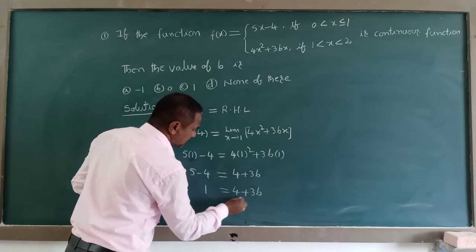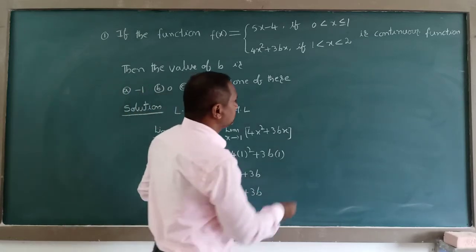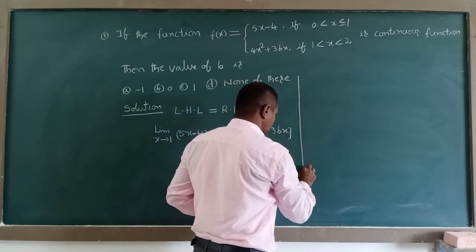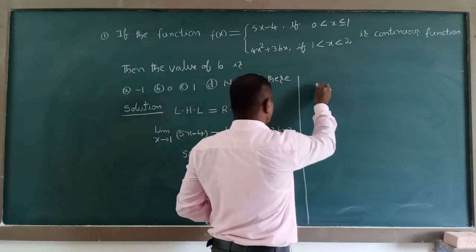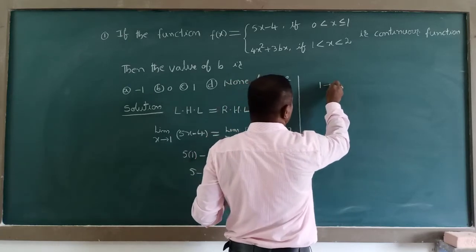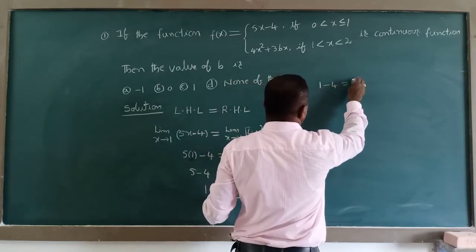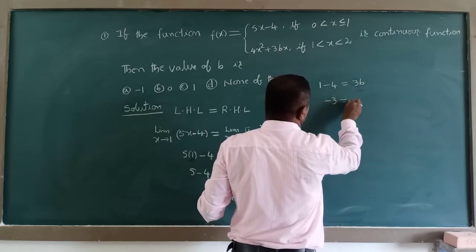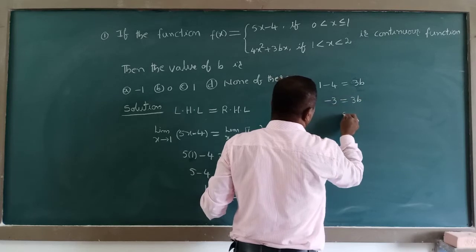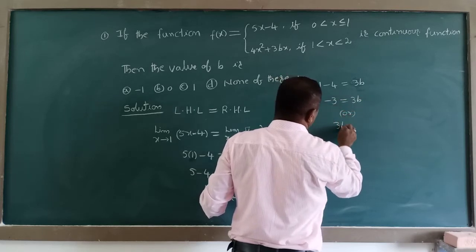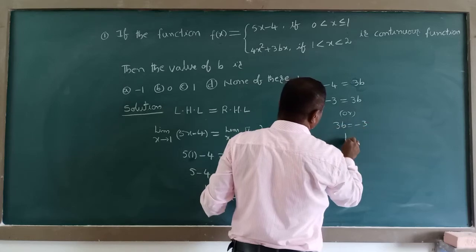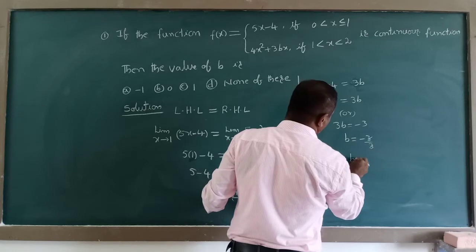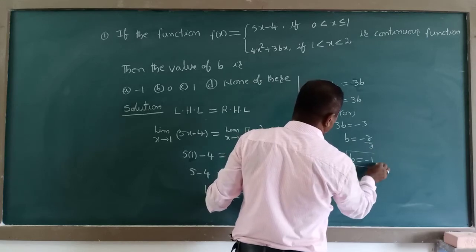Sending 4 to this side, it becomes 1 minus 4 is equal to 3b, or minus 3 is equal to 3b. Or b is equal to minus 3 by 3. Both get cancelled and we get b is equal to minus 1.